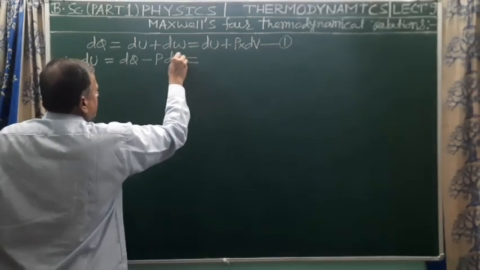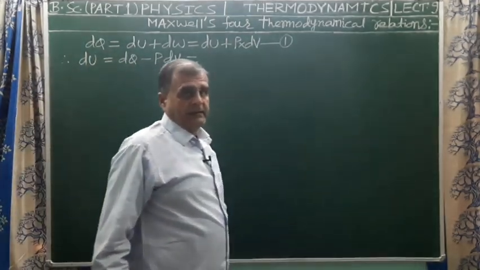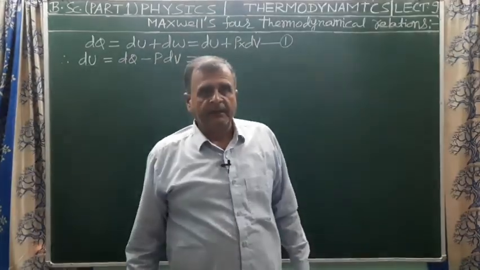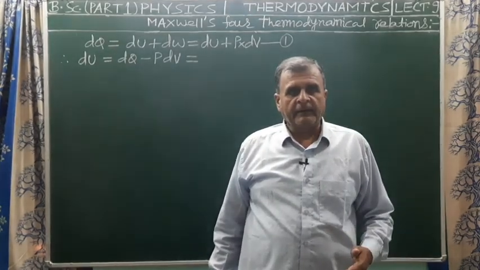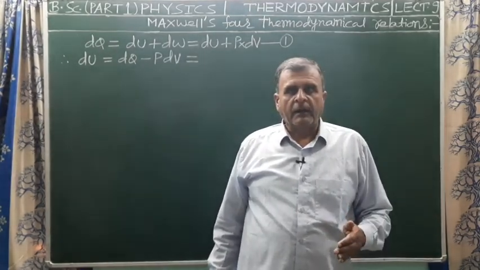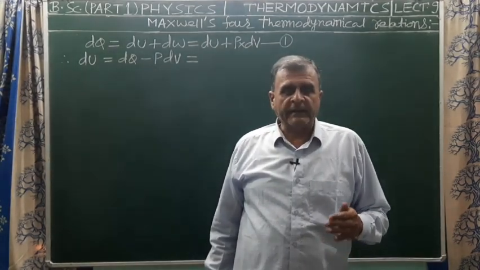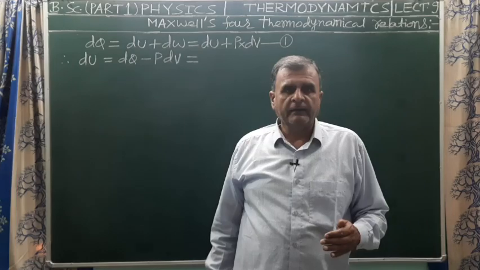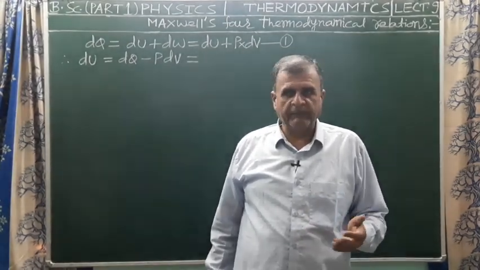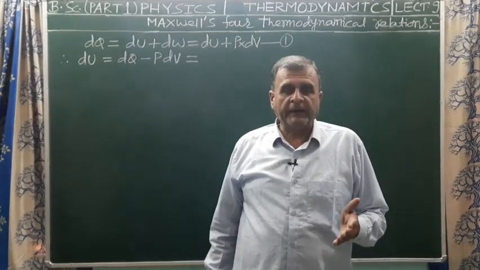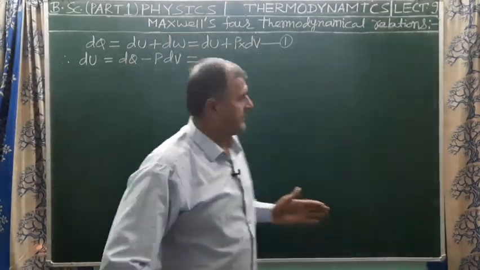Now using the second law of thermodynamics in mathematical form, which is the change in entropy ds equals the amount of heat supplied to the system, that is dq, upon absolute temperature capital T, that is ds equals dq upon T. So the heat supplied to the system dq equals T multiplied by ds.